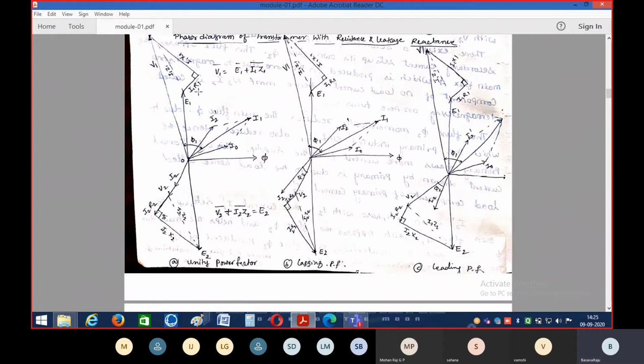Here also the current I1 is in the same phase as the voltage drop due to the primary resistance. With respect to the resistance, the reactance drop is always at 90 degrees. You already studied these basic concepts in basic electrical engineering. Hope you remember. If not, you can ask me and I will explain once again.